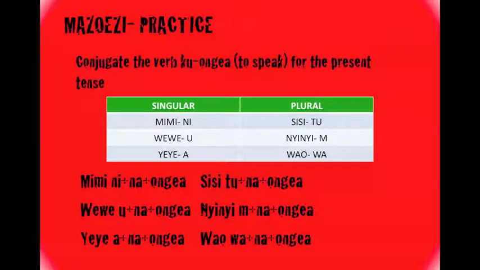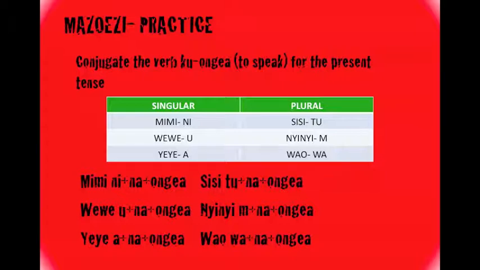Alright, so mazoezi, conjugate the verb kuongea. So now we're going to start conjugating. So we have mimi again, wewe, yeye, sisi, nyinyi, and wao. So let's go ahead and conjugate this verb kuongea. So first of all, for mimi, we're going to find the prefix, which is ni, the tense marker, which is na for the present tense, and the stem in that order.